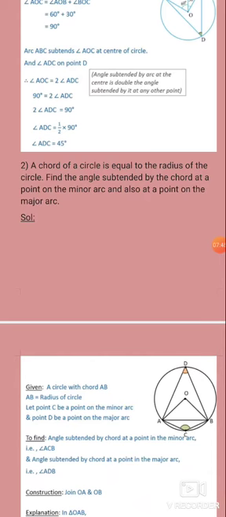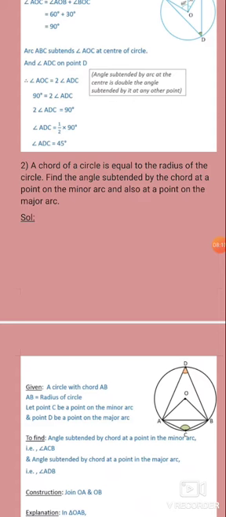A circle with the chord AB, and AB is what? The radius of the circle. It is the same as the radius. So here OA and OB are radii, and the chord AB is also equal to the radius. So triangle OAB is what type of triangle? Yes, it is an equilateral triangle.